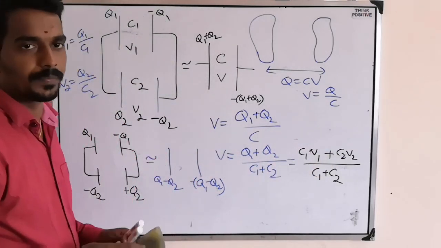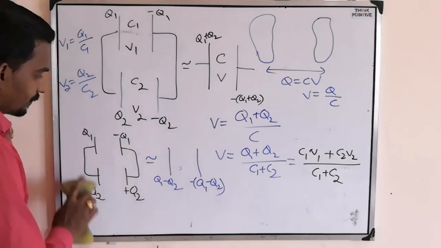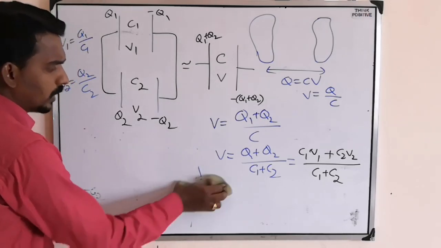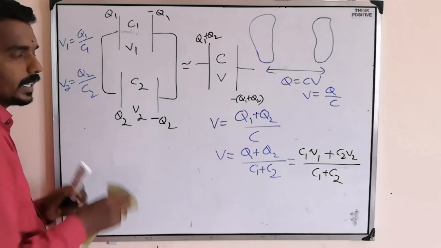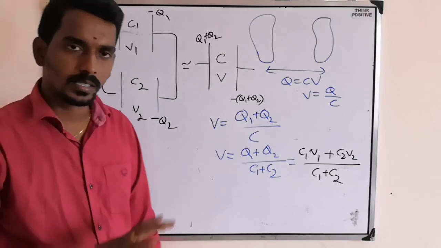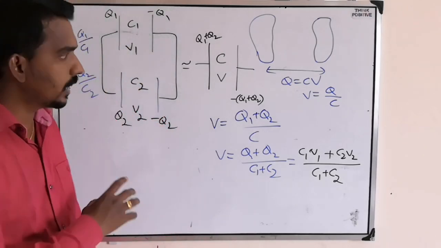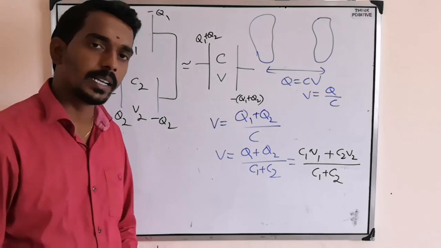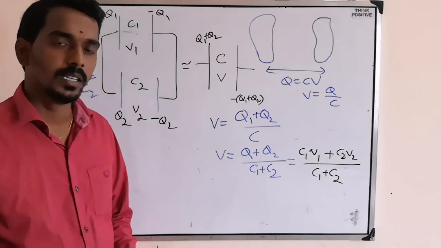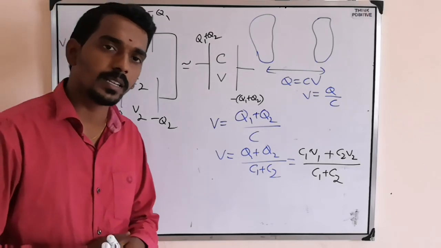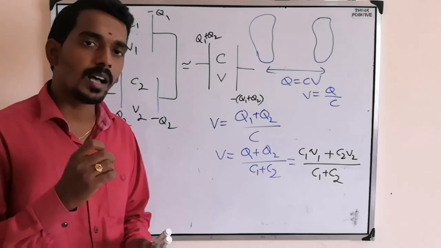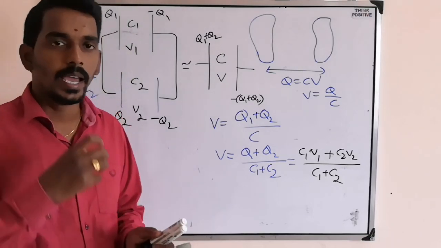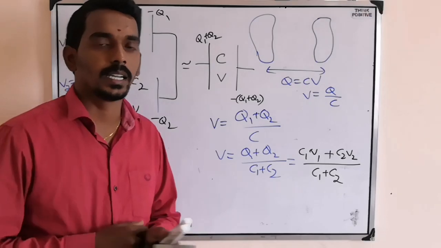Now the question: is it true that when you connect in this manner, there is any loss of electrical energy? Yes, there is some loss of electrical energy in the form of heat energy.